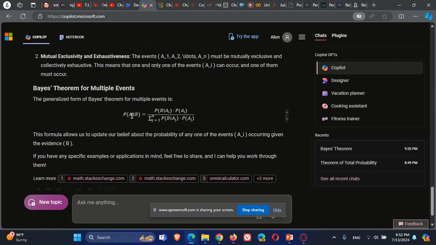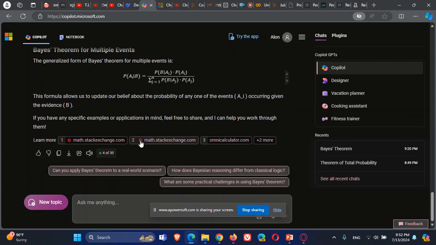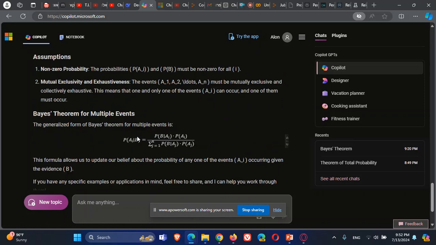So how can we get to this form of the general Bayes theorem? We have some assumptions. The first assumption, you can see right over here, is no zero probability: P(A_i) and P(B) are not zero. And the second is mutual exclusivity and exhaustiveness, which says that we have A_1 until A_n, those are the A's you can see here.